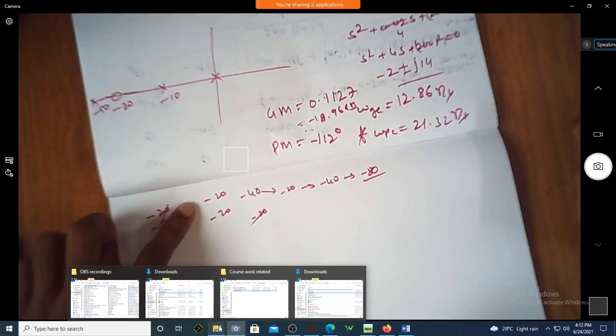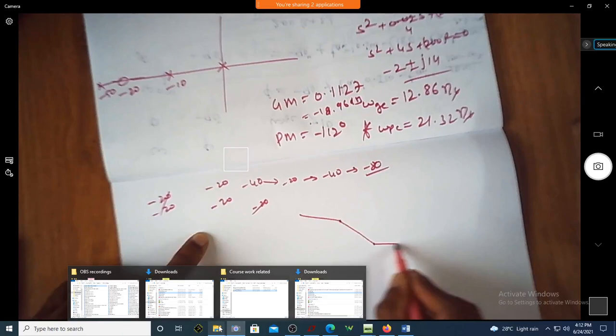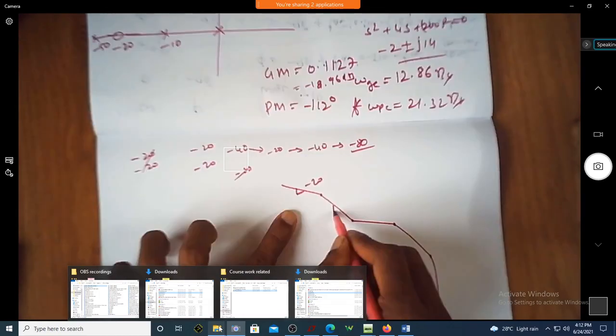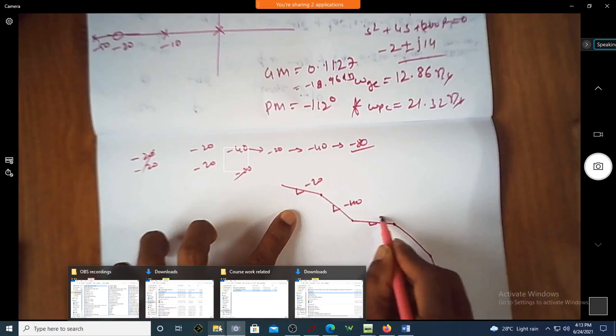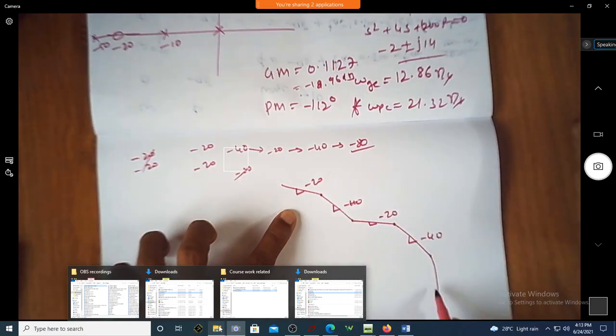Finally, will it actually go like this? First it is minus 20, then minus 40, then minus 20, then minus 40, and then minus 80.